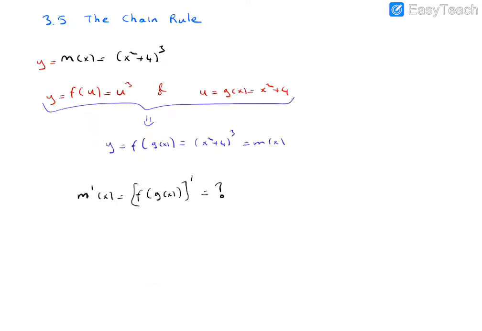So first of all, let's talk about the composition function, not rule, composition function. So a function m is a composition of the functions f and g if m of x equals f of g of x, like the example I wrote here.